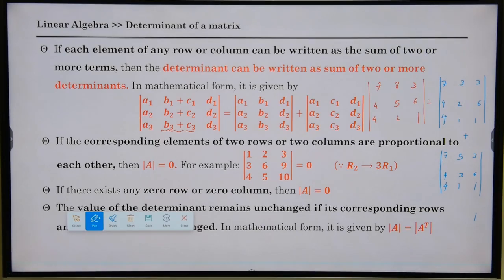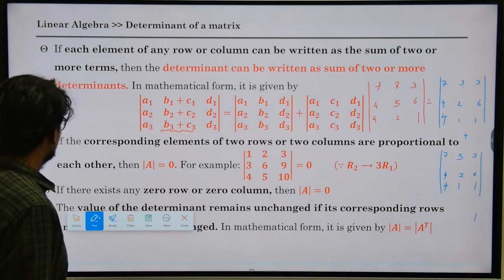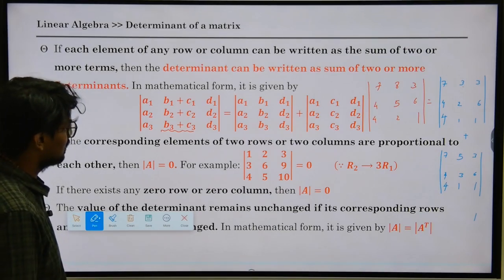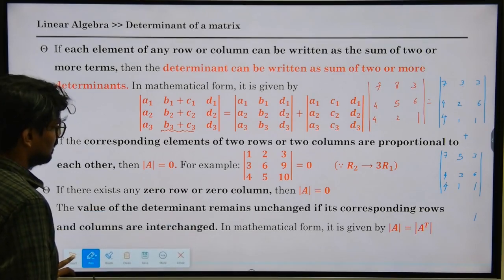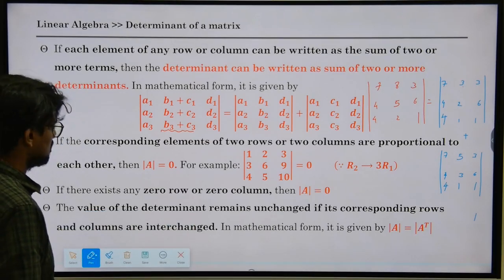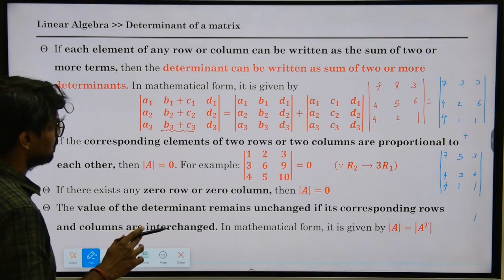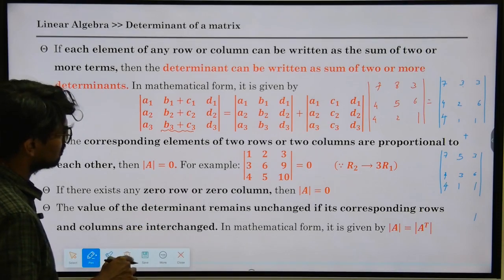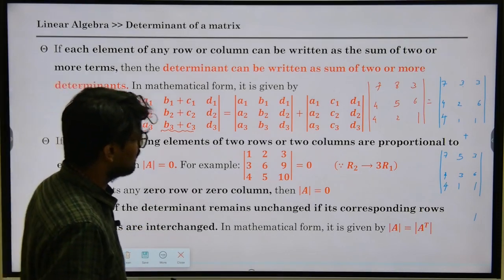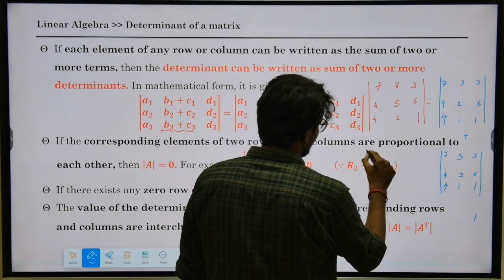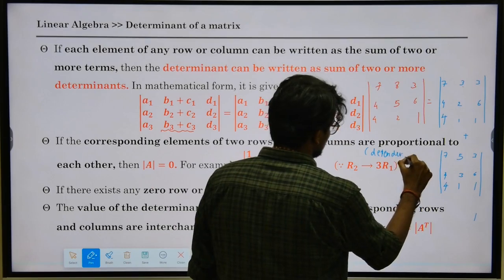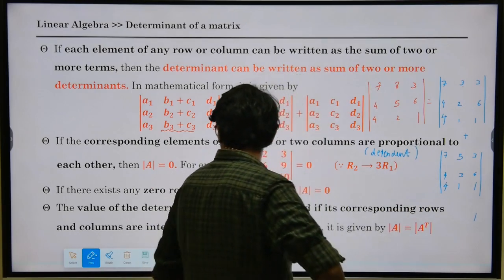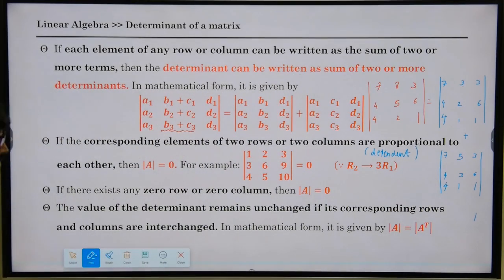Next, see this. Rather than proportional, I will take it as dependent: a dependent row or dependent column.